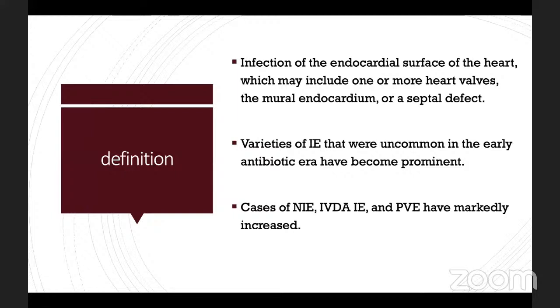Variants of infective endocarditis that were uncommon in the early antibiotic era have become prominent. Cases of native infective endocarditis, IV drug abuse infective endocarditis, and prosthetic valve infective endocarditis have markedly increased.